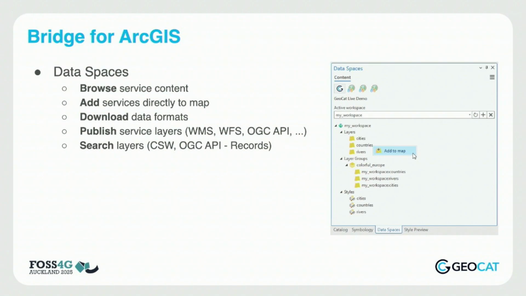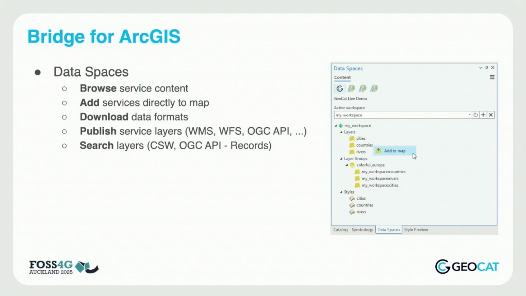So you could select which server you want to get data from, add those services directly on your map, and download in different data formats, and publish, as we said, layers as WMS, WFS, OGC API services, all the different things that GeoServer offers, and metadata to the catalog, and make that available through catalog service for the web protocol or OGC API Records protocols.